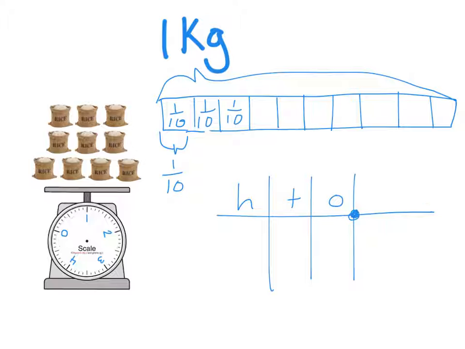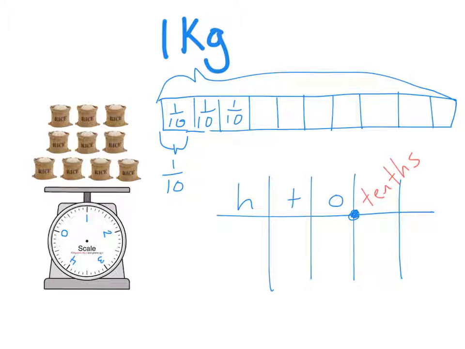Now we're going to turn that into decimals. Just to the right of our ones place value, on the place value chart, this is going to be the tenths. And that represents our fractions, just like we have here, of 1/10.